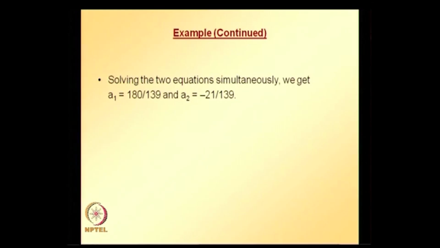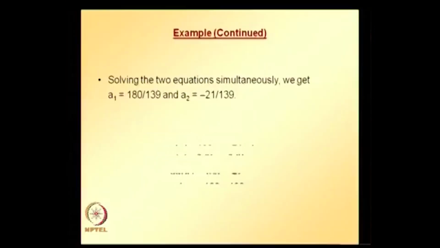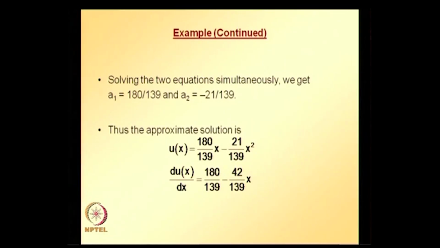Solving the two equations simultaneously, we get the coefficients a1 a2 which are shown there. Now our job is over, we found a1 a2, and the admissible trial solution is a1x plus a2x square. So you substitute the a1 value and a2 value, you get the approximate solution for u, and if you want you can take the derivative of this.